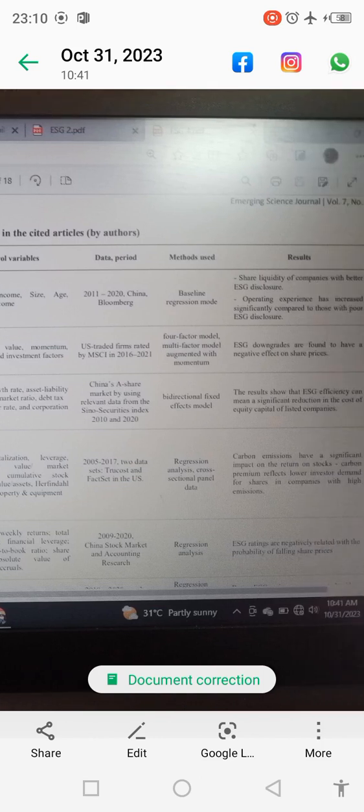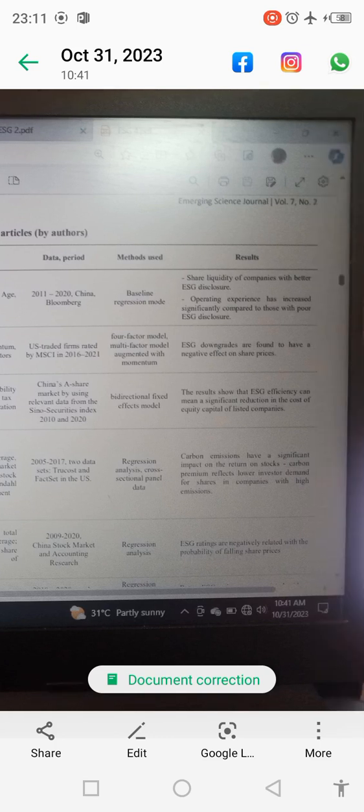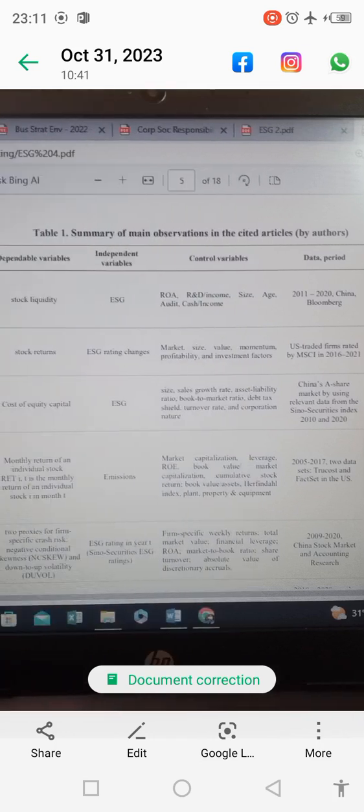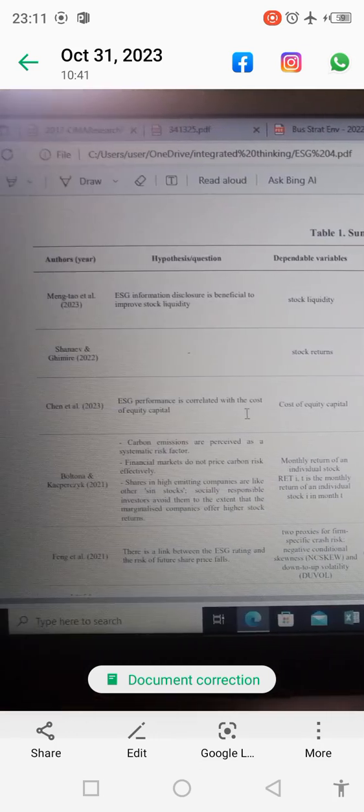Now let's look at the method. Baseline regression model, four-factor model, multi-factor model augmented with momentum, bidirectional fixed effect model, regression analysis, and so on and so forth. All these literatures that you are seeing here are called empirical literature.